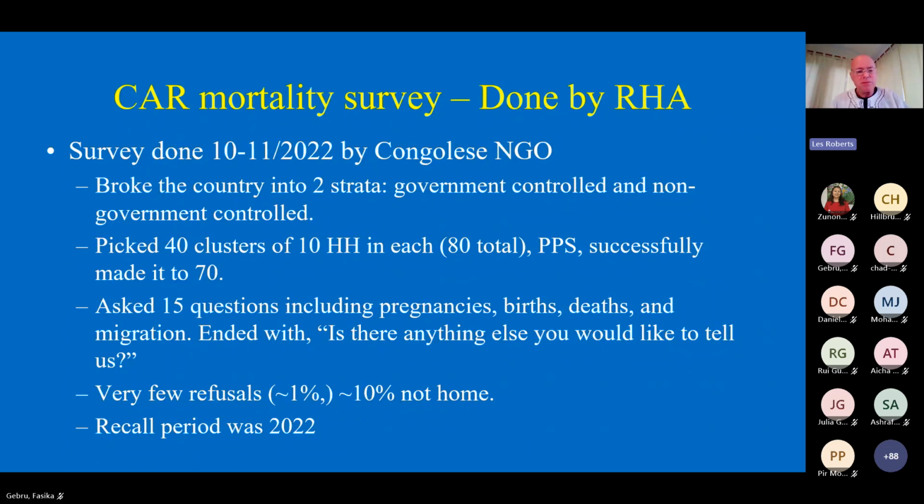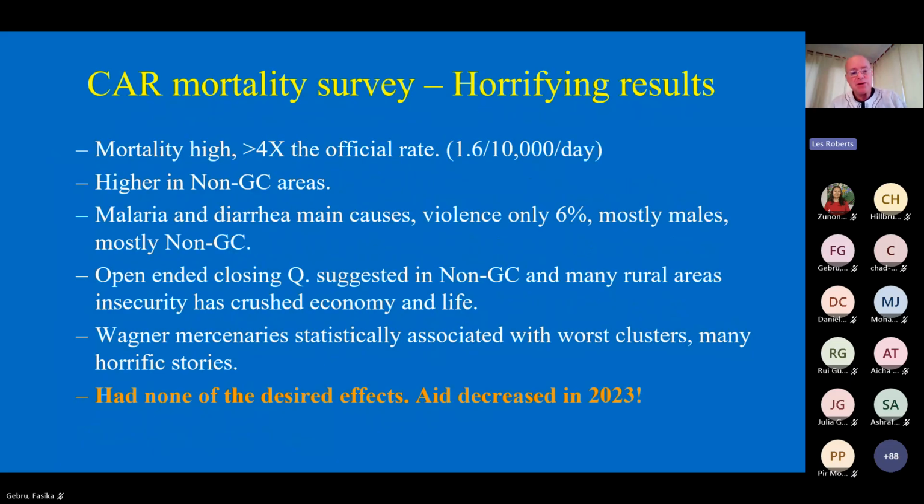Next, please. In the end, they found that the official death rate was 4 times higher than the official UN statistics. And it was higher in the non-government controlled areas. The qualitative data suggested that this was triggered by the insecurity induced by the Wagner mercenaries who were there.